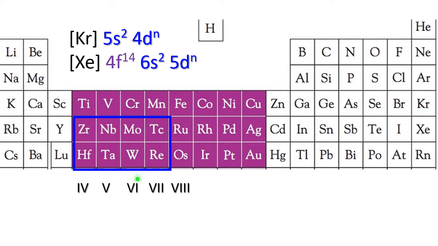Group 6 has 6 electrons, and the highest oxidation number is +6. Group 7 has 7 electrons, and the highest oxidation number is +7. Group 8 has 8 electrons, and the highest oxidation number for ruthenium and osmium is +8. Recall that iron cannot get there.